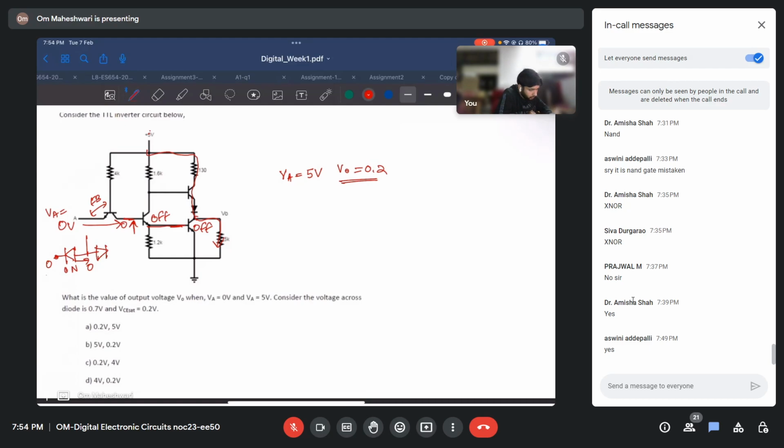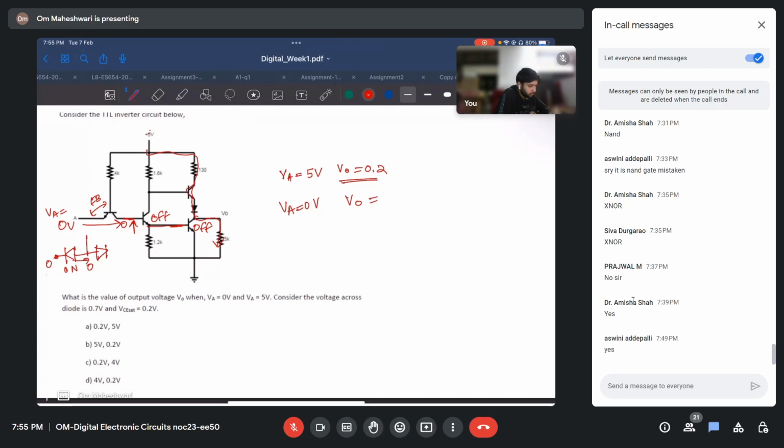Okay, this can also turn on. So we will get VA equals 0 volt. Now we need to apply KCL here, right? We cannot directly say what will be the VO here since we have this transistor also.